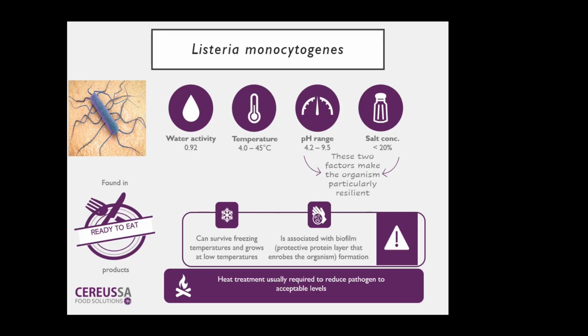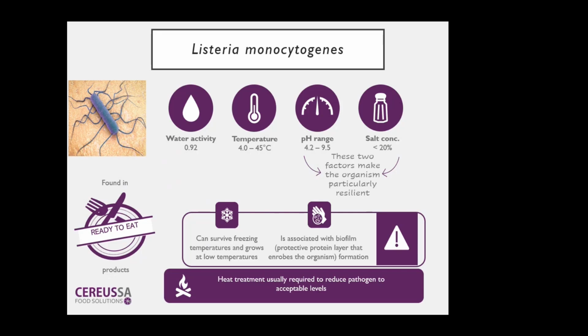Ready-to-eat products are products that will not be heated before eaten, like a ready-to-eat salad or cold meats. Listeria can also survive freezing temperatures and they can grow at low temperatures. So even if you keep the product chilled, that will not guarantee that Listeria will not grow and multiply.